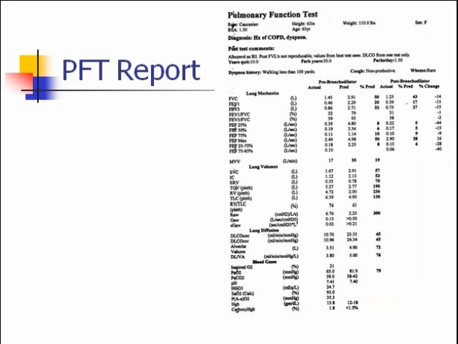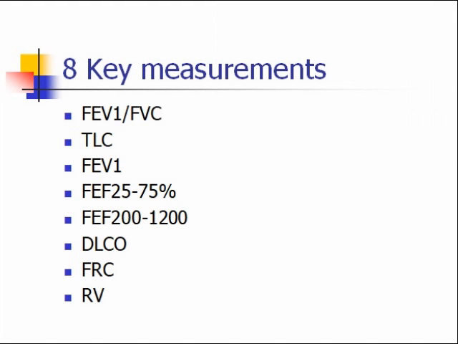I believe a lot of respiratory therapists throw up their hands and just walk away when they look at a full pulmonary function report. It is very difficult to know what is important and how to interpret all of this information, all of this data, all of these measurements, the pre, the post, the actual. So what I'm going to do is show you a simplified way of doing pulmonary functions. There are 8 key measurements that you should focus on.